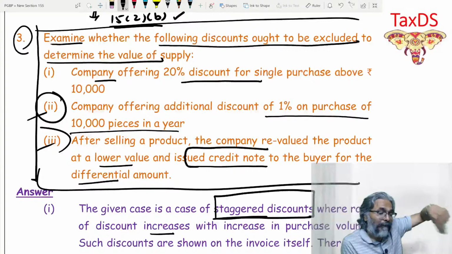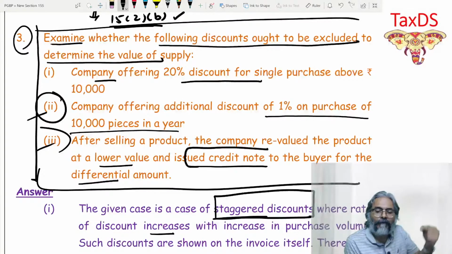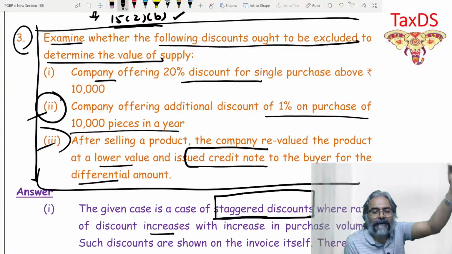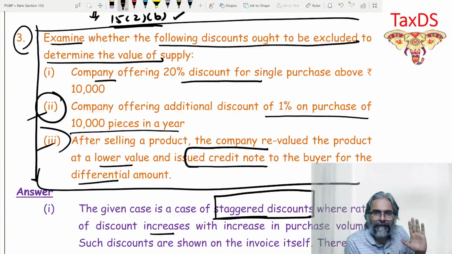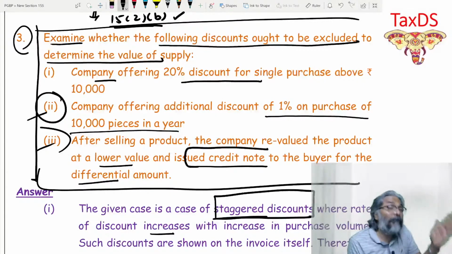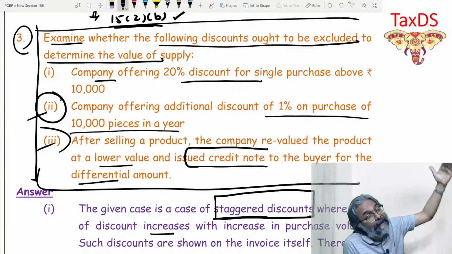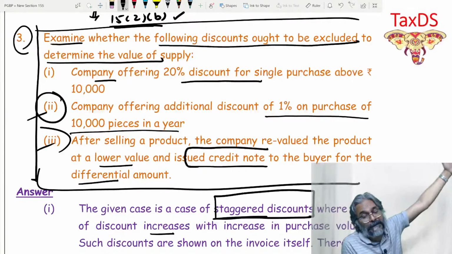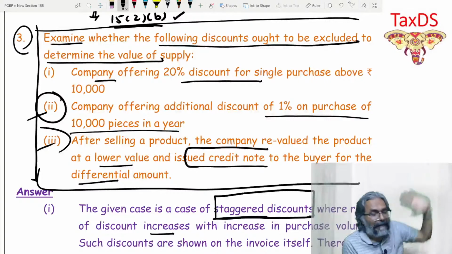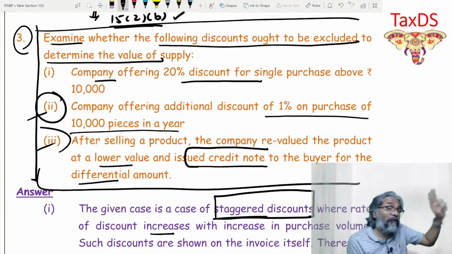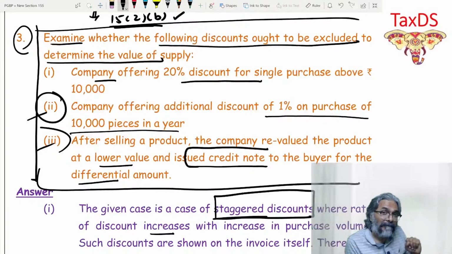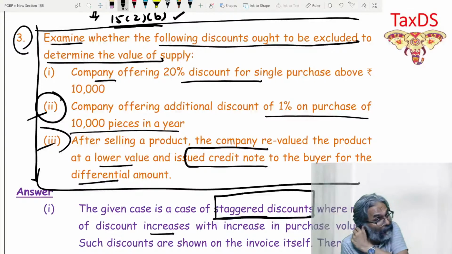Now, point number 2, if it is a policy, company offering additional discount of 1% on purchase of 10,000 pieces in a year. Then we will say it was known to us at the time of purchase that I will be getting an additional discount of 1% subsequently later in the year. And if it is known to us, then I'm going to reduce it.